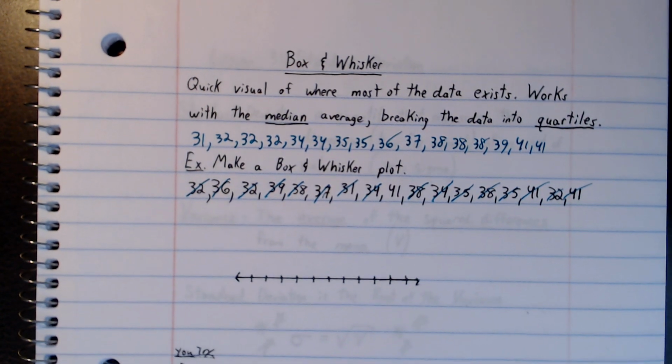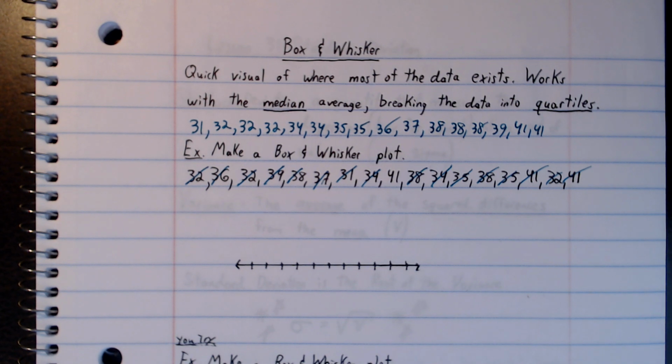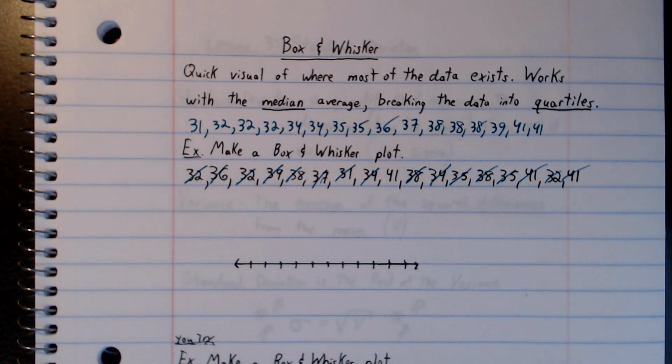All right. So the very first thing we had to do is put these into order. And because we're talking about median, we know that they have to be in order. So we're going to break this up into quartiles. And I'm going to real quick just make sure that I'm saying the right thing for you guys when I label these quartiles.